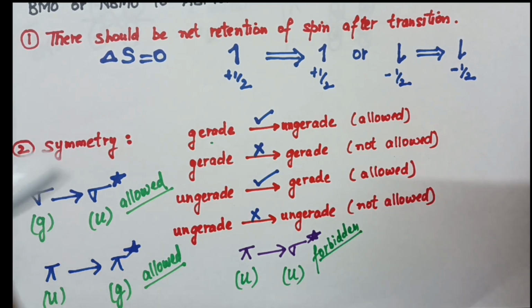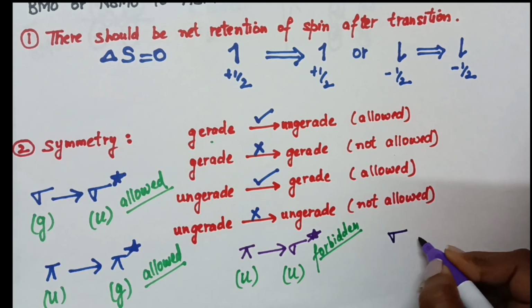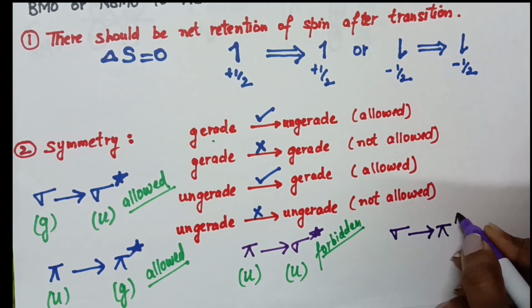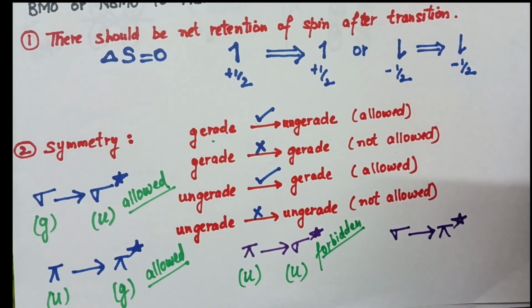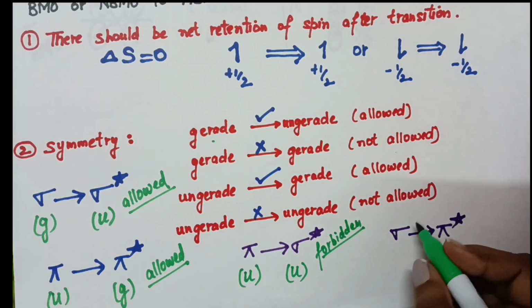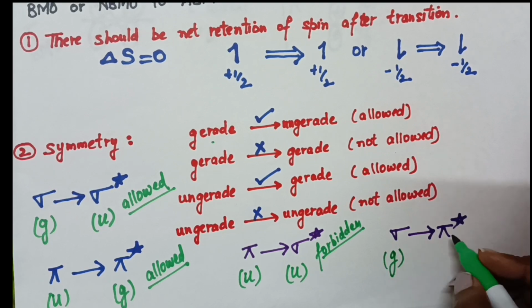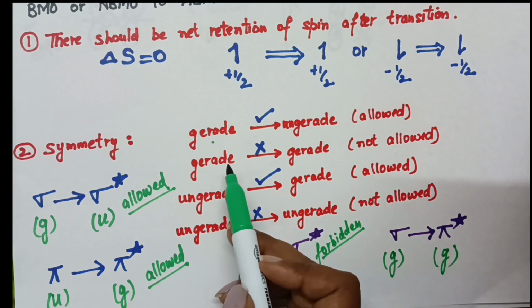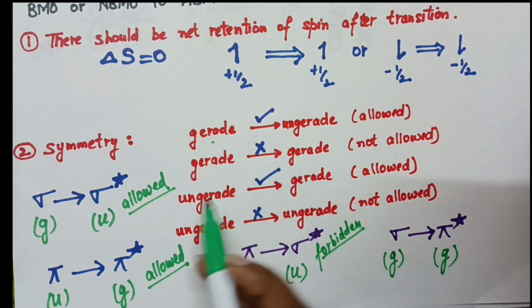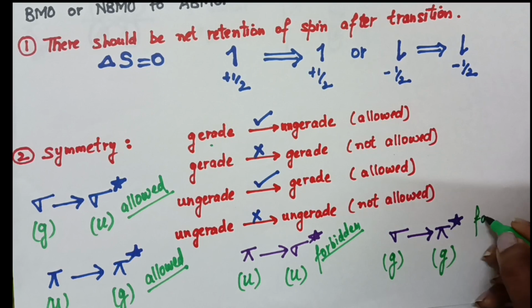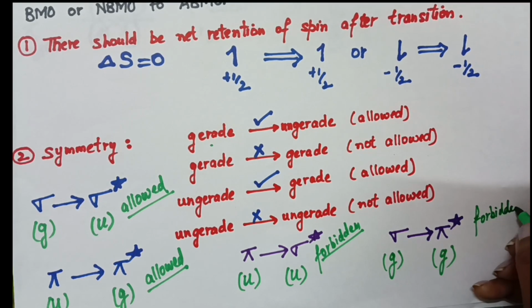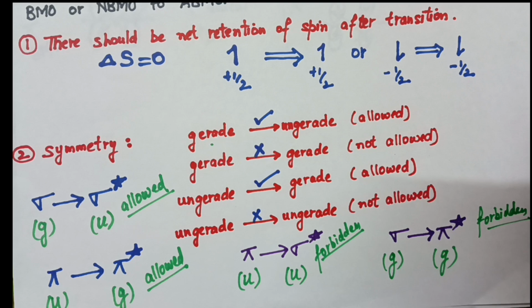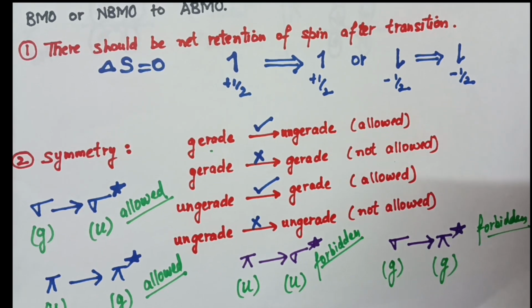Now one more case, if we have transition from sigma to pi star. In this case sigma is gerade, pi star is gerade. So from gerade to gerade it is not allowed, it is forbidden. So again it is a symmetrically forbidden transition.